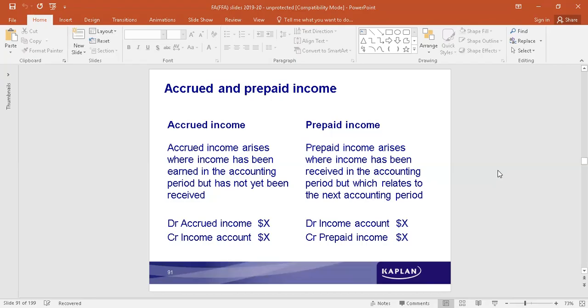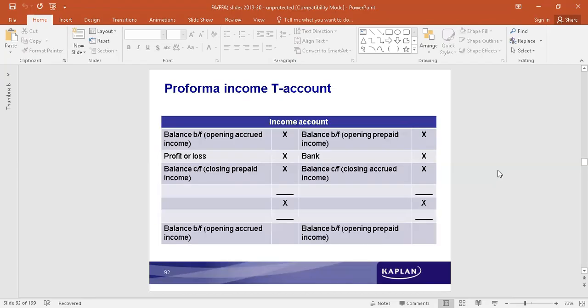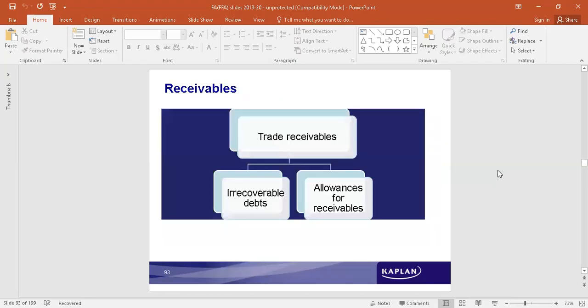Until the goods or services are provided, it will appear as a liability to discharge the goods or services. So it is credited, prepaid income. This is the T form of the income account.